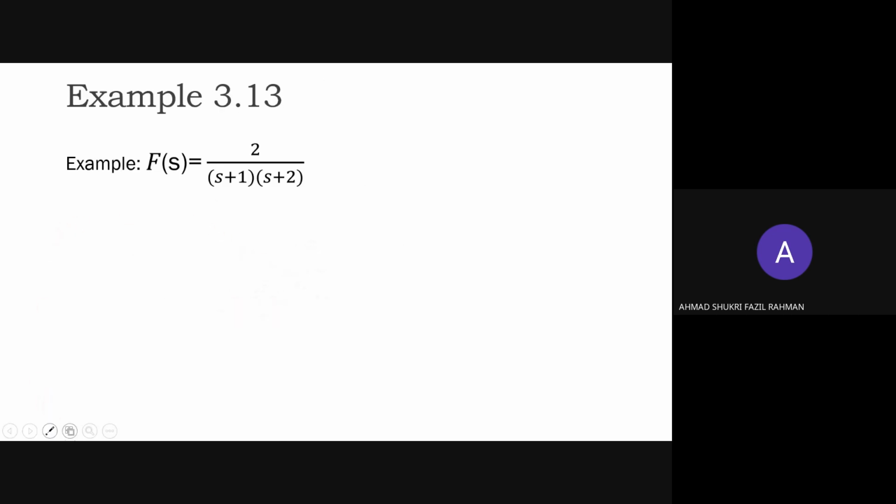So we move on. We start by assigning the sum of terms. So you can see from here, we can move on by assigning K1 to the first term, which is S plus 1, and then plus, make sure that you put plus, and then K2 over S plus 2.